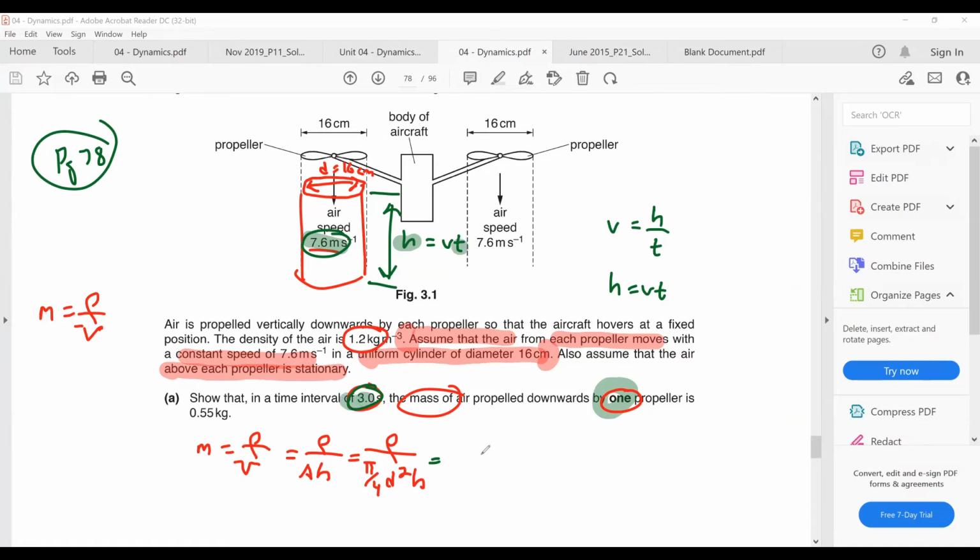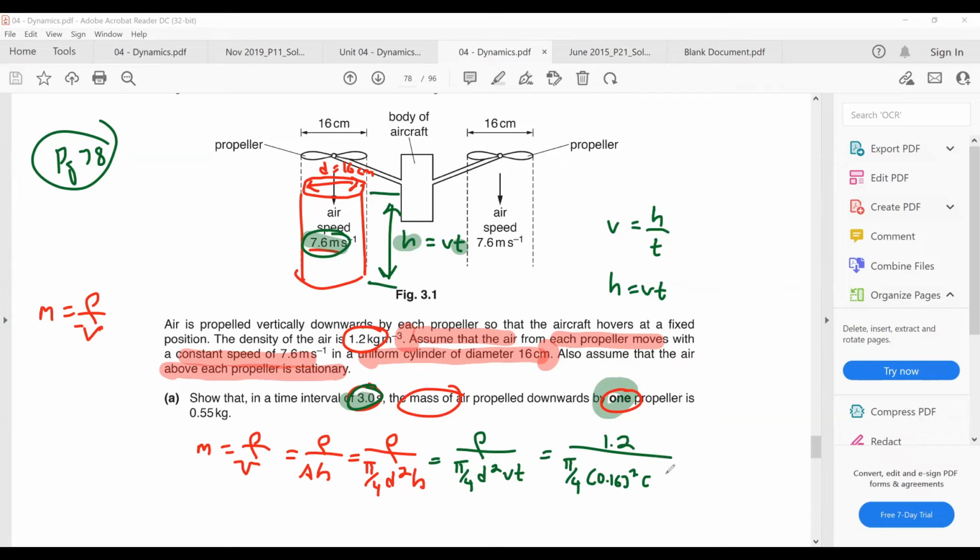So this one will be rho pi over 4 d squared Vt. From which you can start subbing in the values. You put it as 1.2 times pi over 4. Diameter is 16 centimeter, change to meter, so this is 0.16 squared.